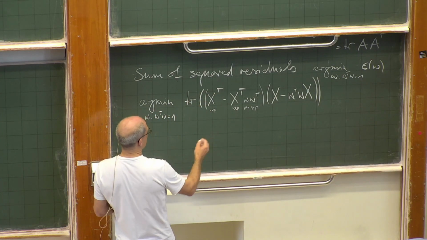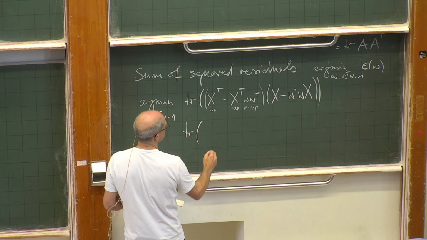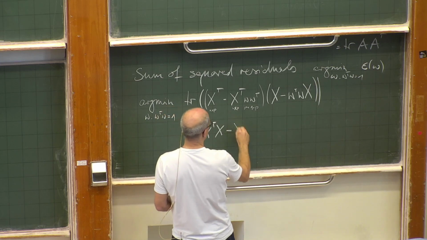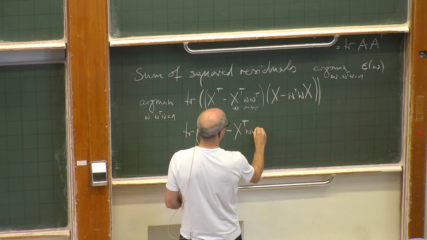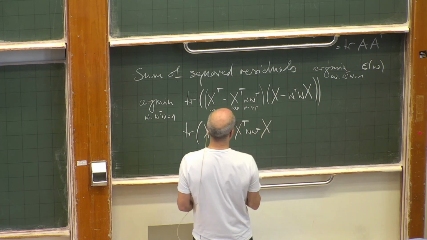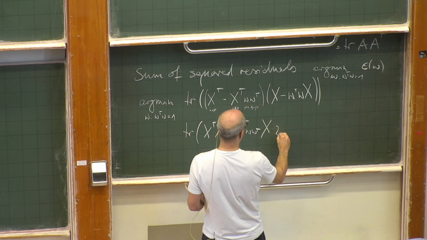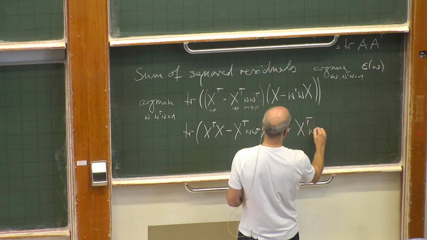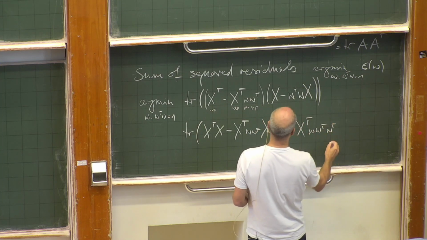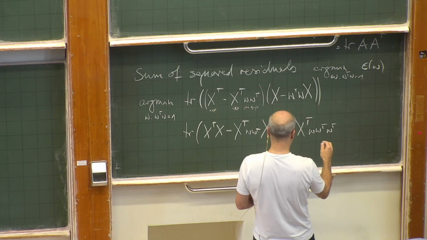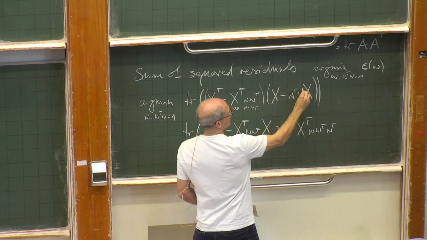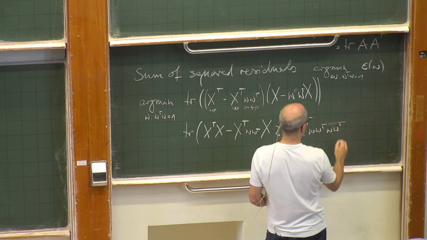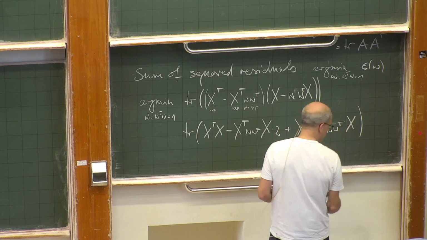And we multiply this out. We will find that this term here we have twice actually. I had a mistake here. This is WW transpose.